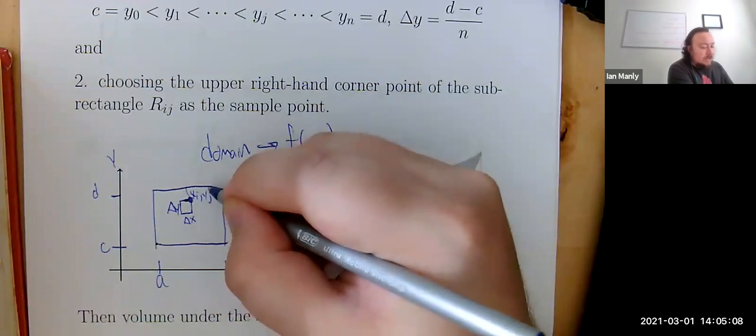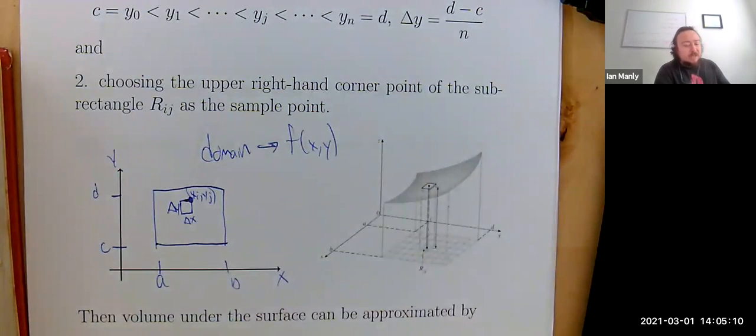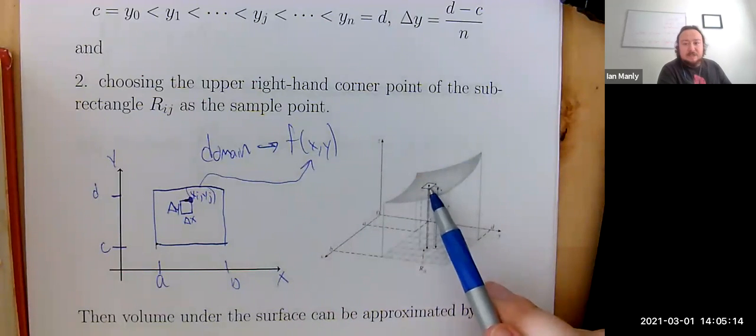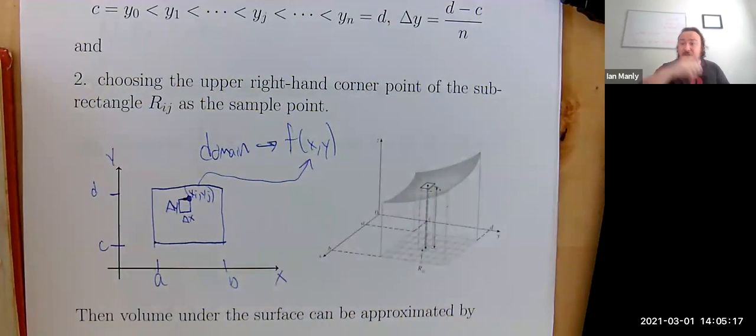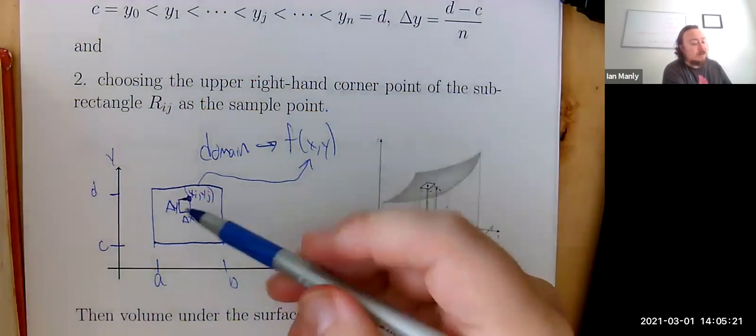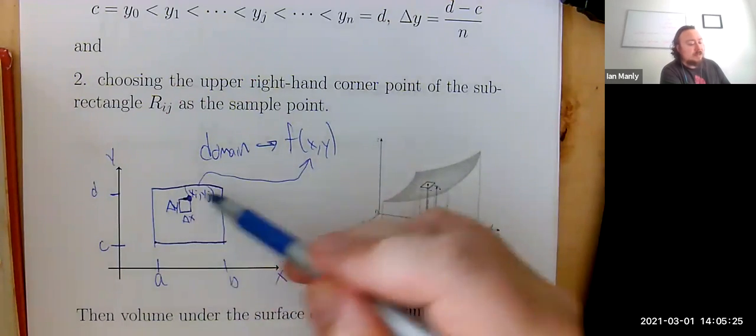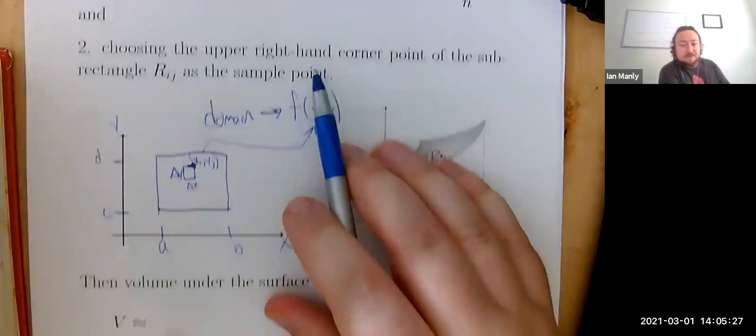So this is xi, yj. We put that into our function and see how tall that is, and that's how tall our little prism, or our French fry, is going to end up being. And we do that for all of these different rectangles that make up this big rectangle right here.